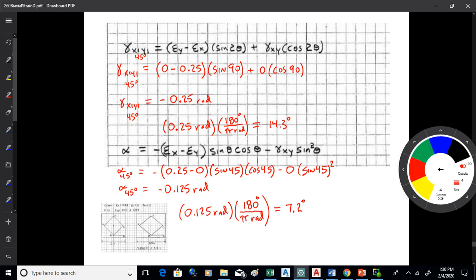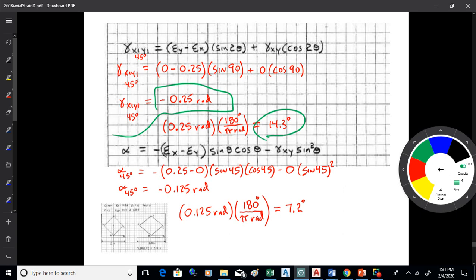When I plug that in, I get gamma is negative 0.25. What comes out of that is an angle in radians, so I'm going to convert that to degrees. That's 14.3 degrees. That's 0.25 radians.